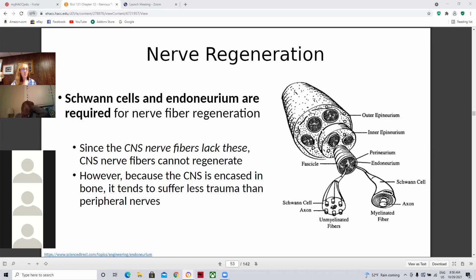So because they don't have an endoneurium, they don't have Schwann cells, they cannot regenerate. However, because the central nervous system is mainly encased in bone, it tends to suffer less trauma than the peripheral nervous system does.